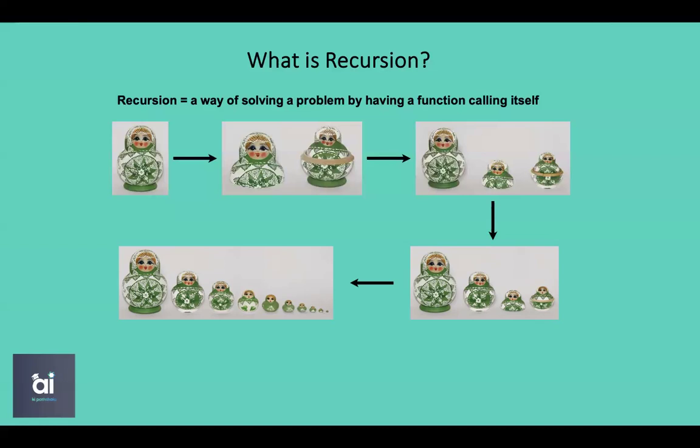Here, if you think of these big dolls as a problem, you can see that the problem gets a smaller instance of the same problem until we solve it. So this technique of making the problem smaller and smaller is called recursion.